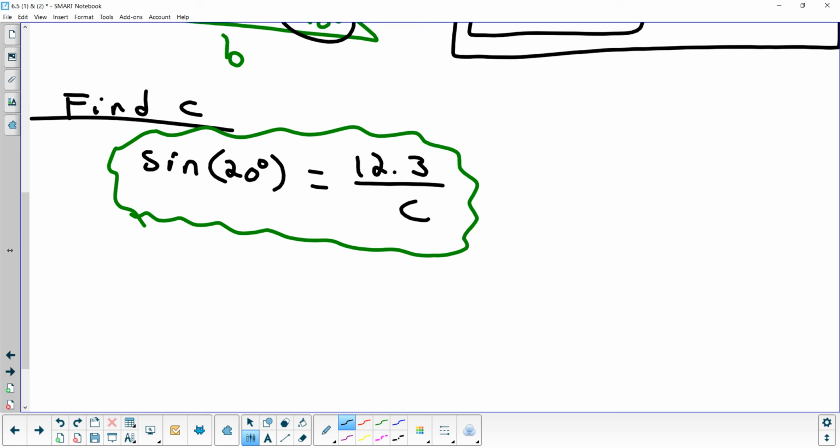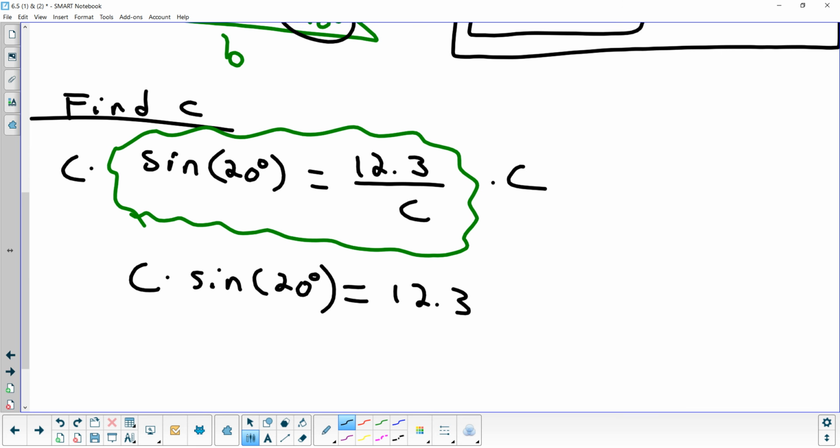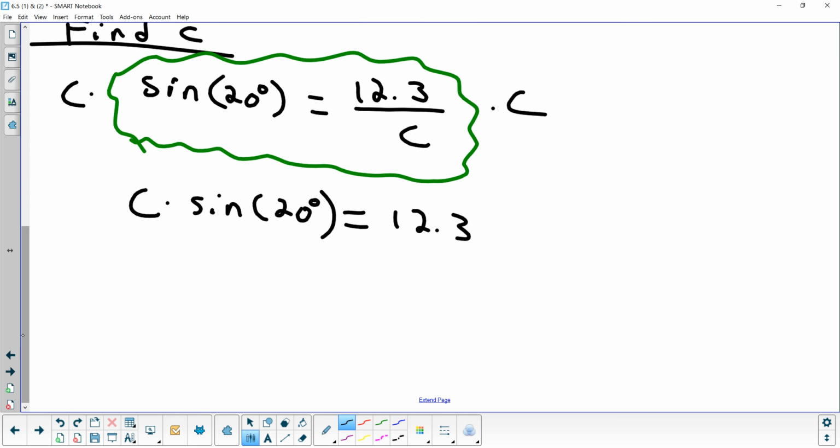But we are going to multiply both sides by C. What that's going to do is cancel these C's out. Now we have 12.3 equals C times the sine of 20 degrees.